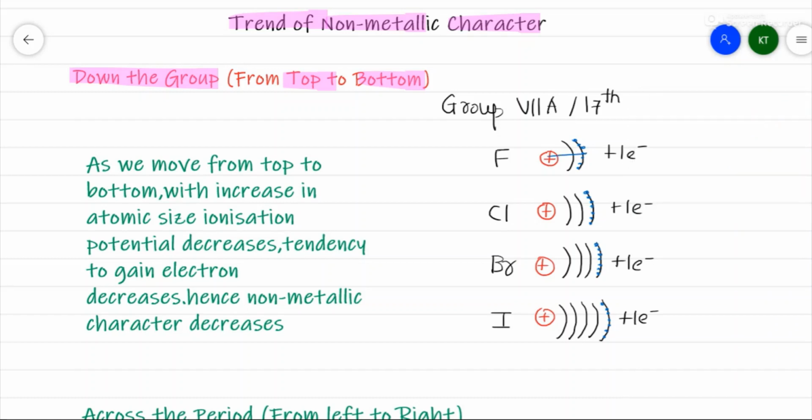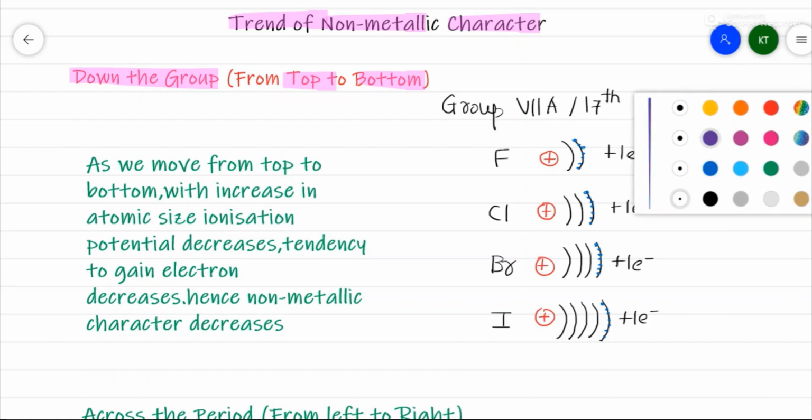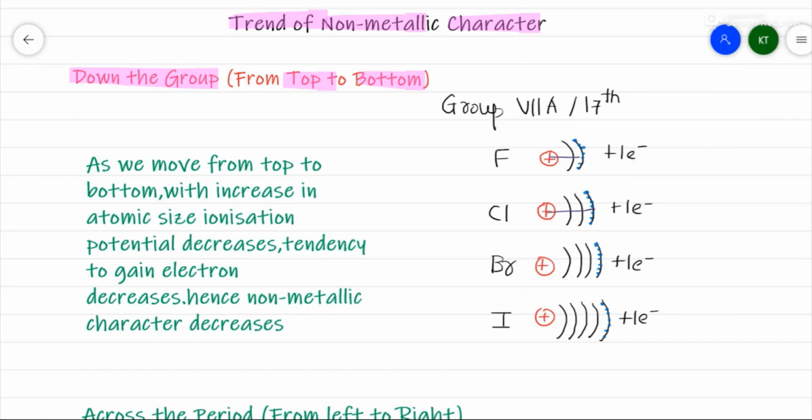Now just look at the size. As we can see from top to bottom, the atomic size increases. Ionization potential will decrease.